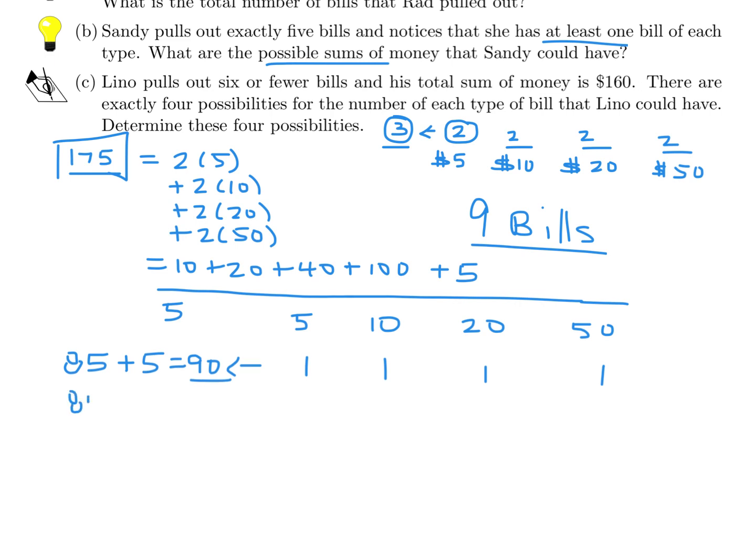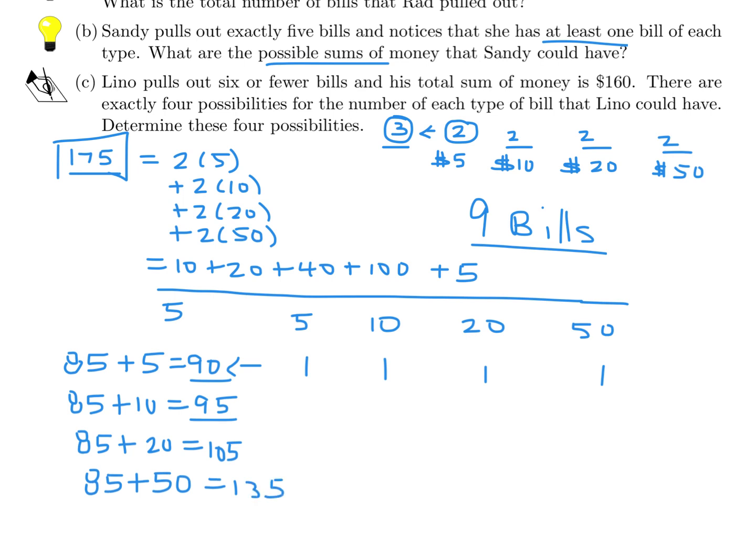If we add to that base value a $10 bill, then we get 95. If we add 85 to a $20 bill, we get 105. And finally, if we take that base of 85 and add a $50 bill, we will get 135. So 135, 105, 90, and 95, those 4 are the possible sums that Sandy could have.